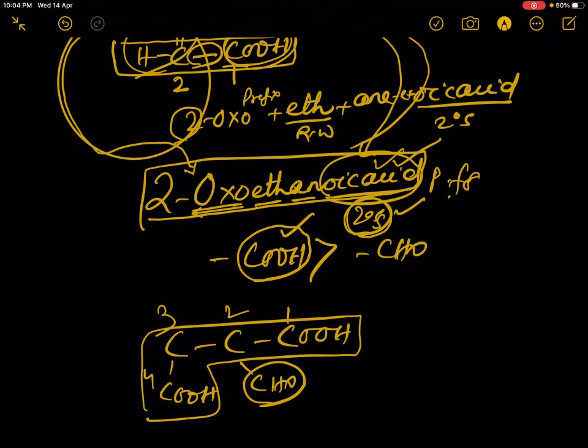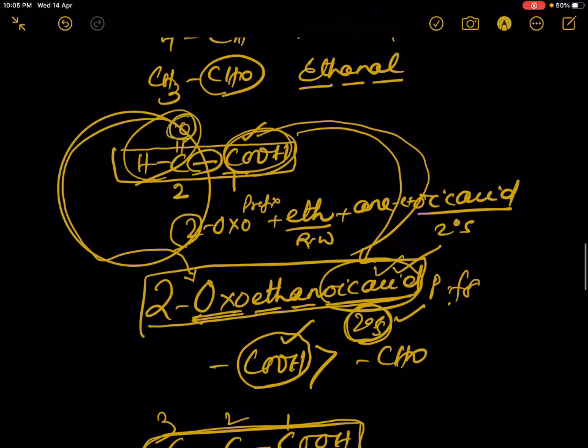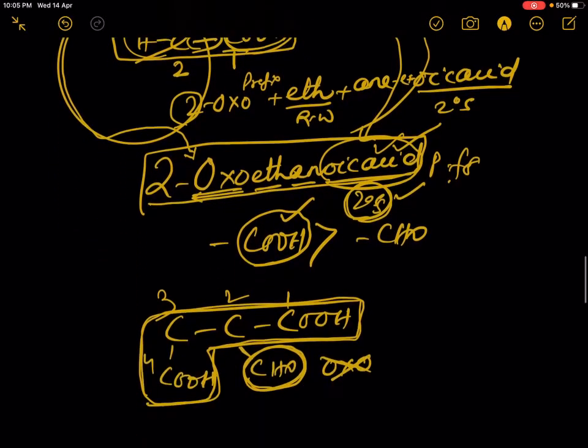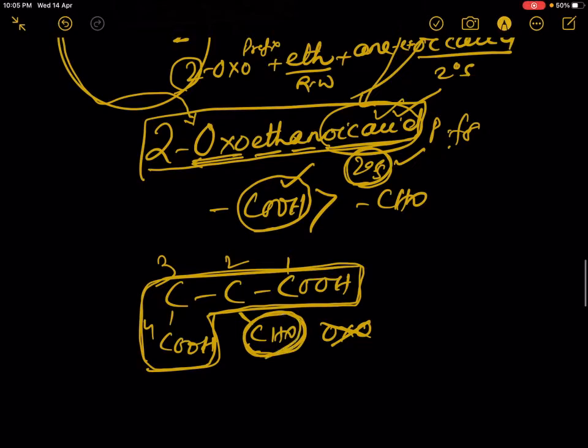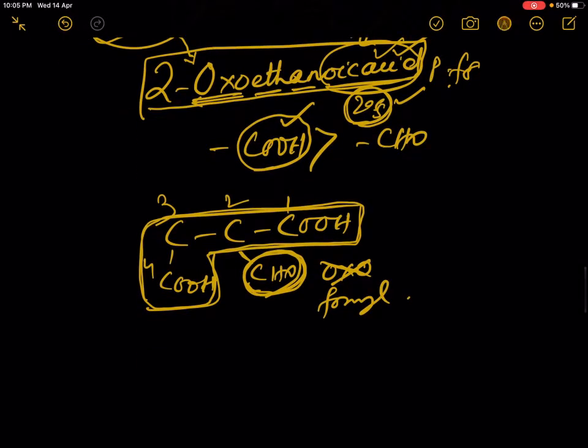Here the whole CHO group is written away from this parent carbon chain. So here oxo is not written. In this case, oxo is written for this O, but here for whole CHO it would be written as formyl. 1, 2, 3, 4. For 4 carbon atoms, the root word is but.